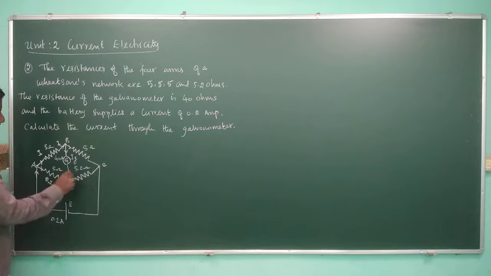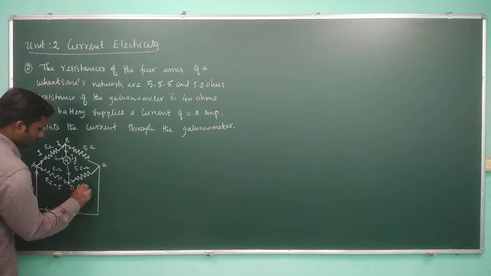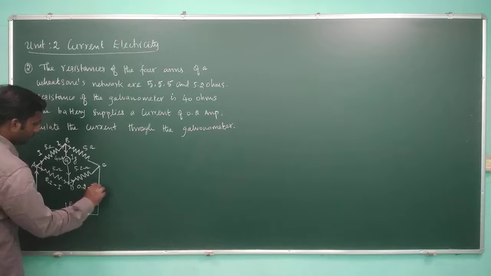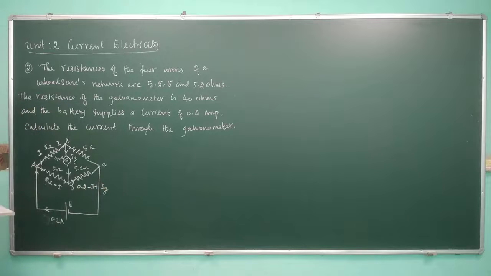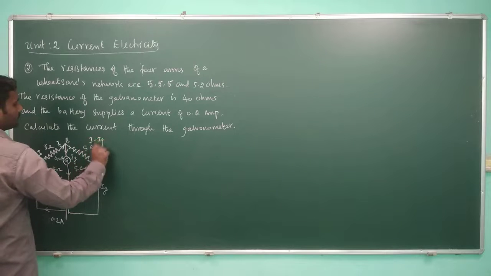Here the incoming current is Ig, and here the incoming current is 0.2 minus I. The current leaving from point D is 0.2 minus I plus Ig. Ig is the current passing through the galvanometer, I is the current coming into point B, so the current flowing through this resistor is I minus Ig.